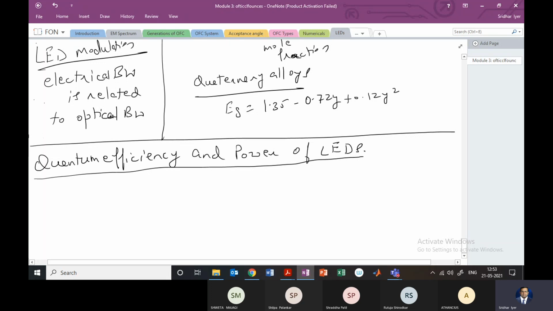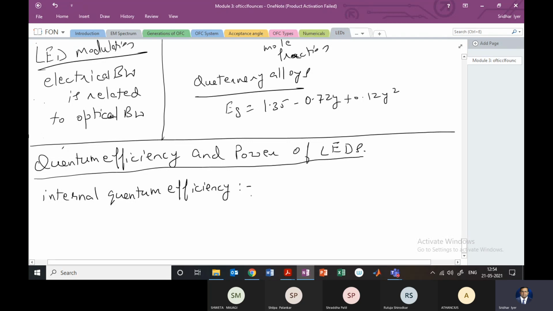Right, so quantum efficiency basically means how much current is inserted, or how many electrons are flowing inside the LED, and how many of them are converted into corresponding photons. Means how much light is then generated from that LED. So we define this in two terms. I'll introduce the second term later, but here we define it in terms of internal quantum efficiency.